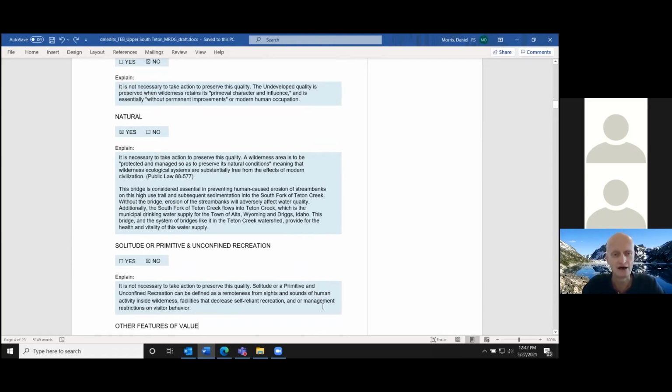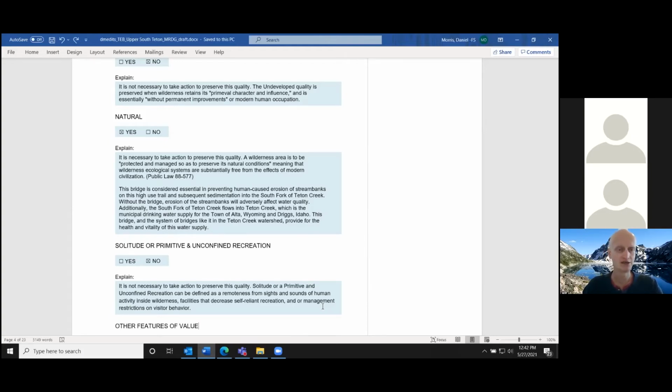And so this is a busy trail, lots of people going up and down this trail. It accesses Teton National Park. So they're saying that if we don't have a bridge here, we're going to get a bunch of social trails, we're going to get some resource damage.